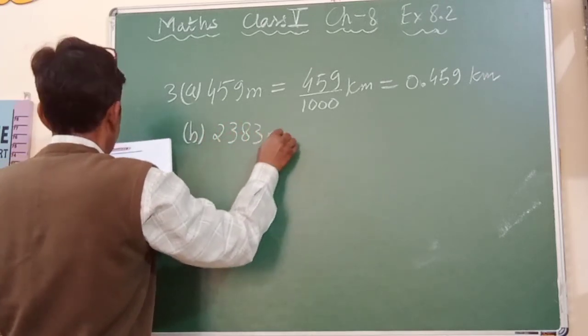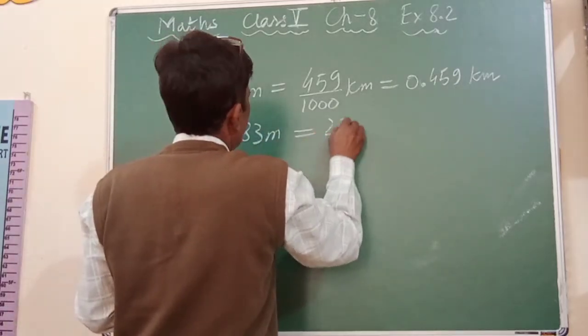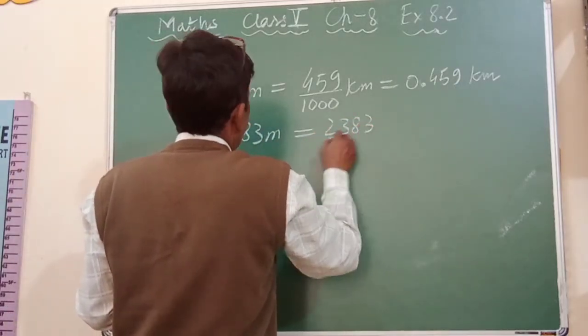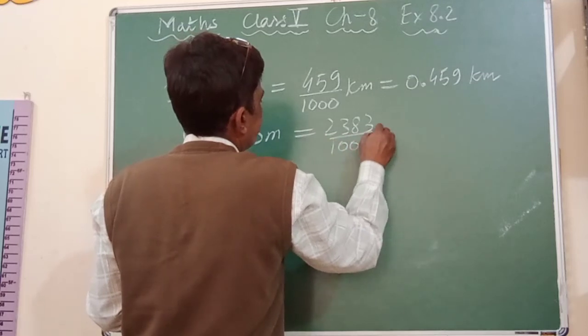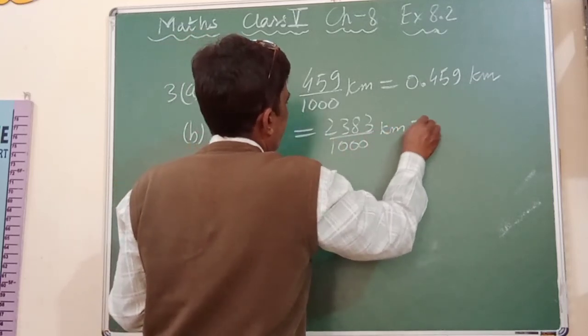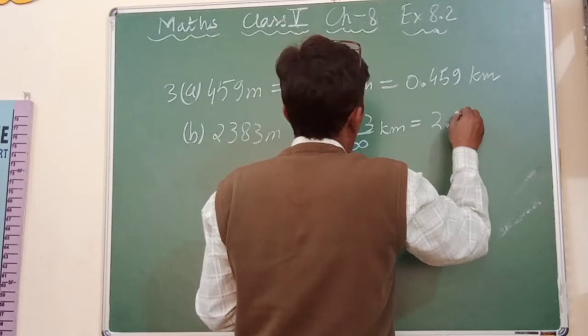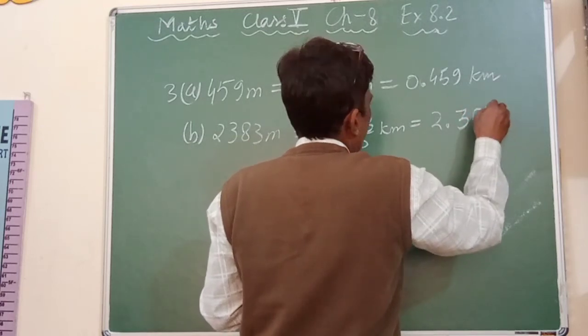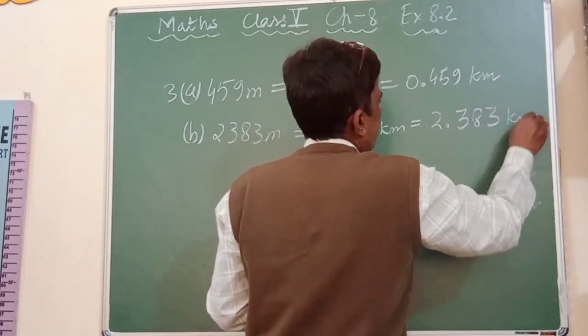Part b, 2383 meter is equal to 2383 upon 1000. The unit is kilometer. The answer will be 2.383 kilometer.